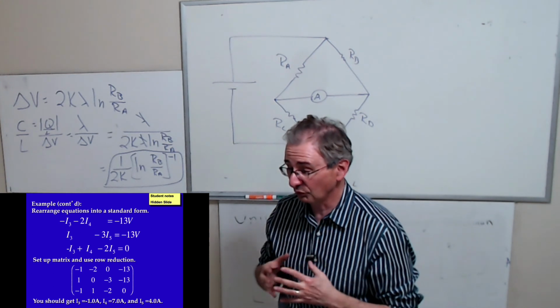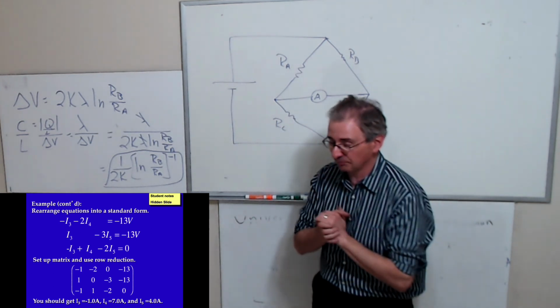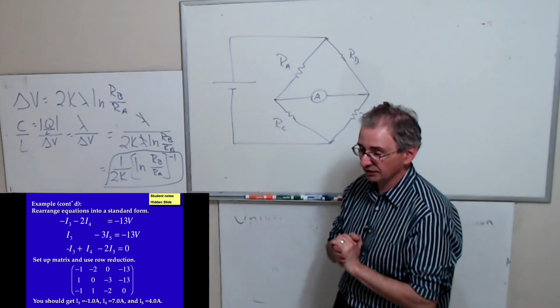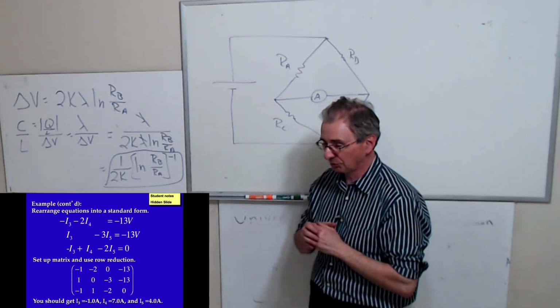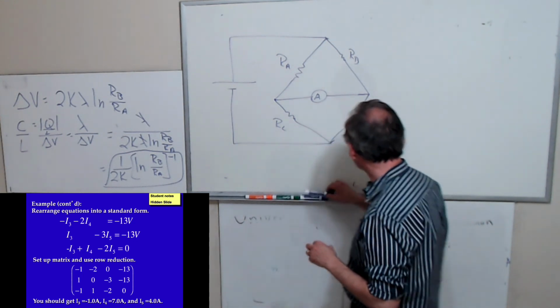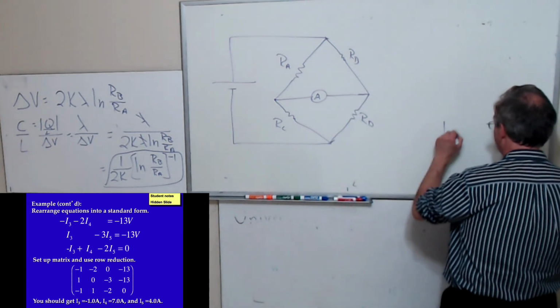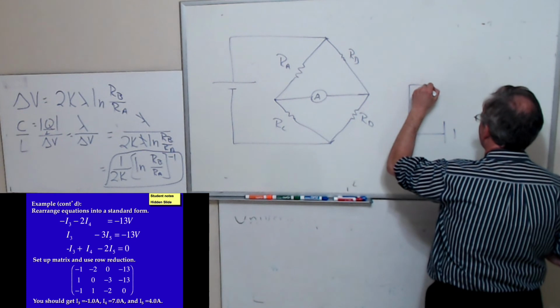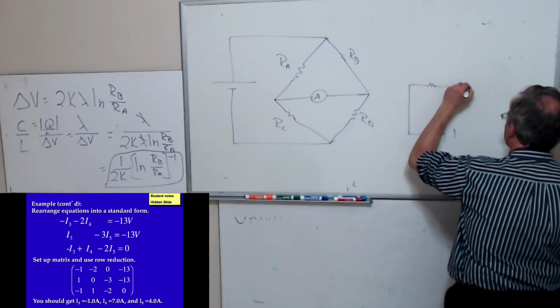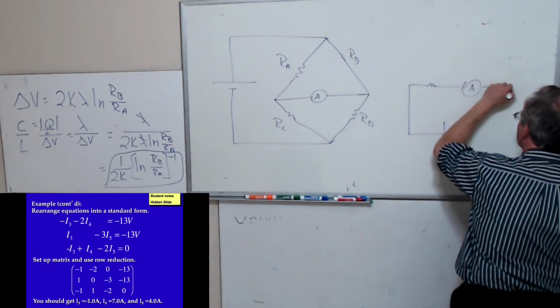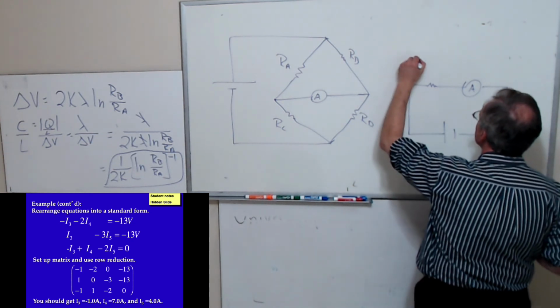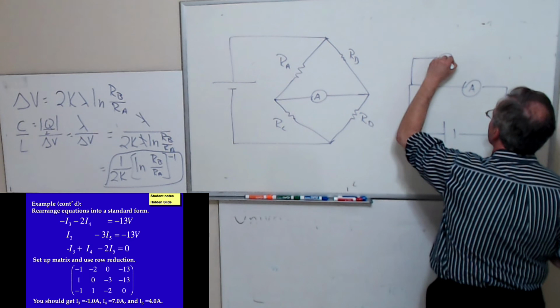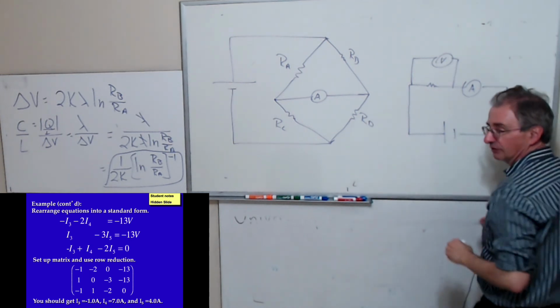So if we were on campus, one of the parts of the Ohm's Law lab, what I would have you do is hook up this circuit. For part 1 of the Ohm's Law lab, I have you measure the voltage with a really old-fashioned voltmeter.